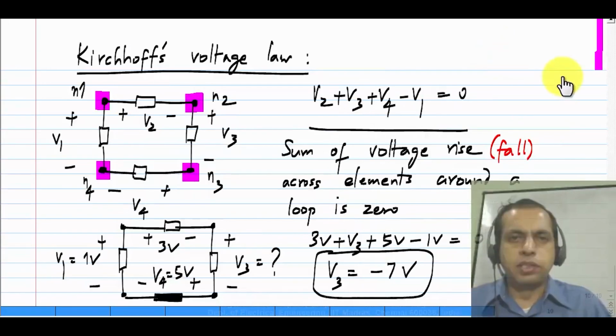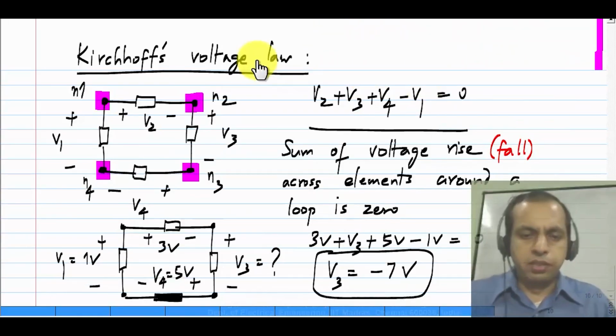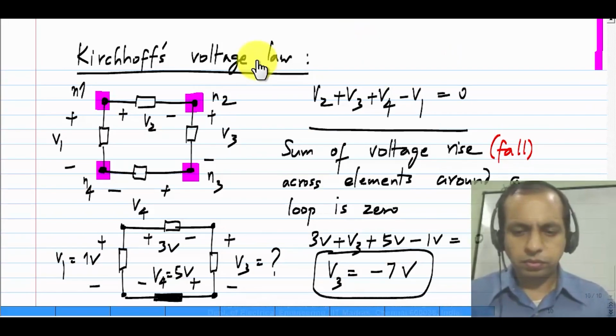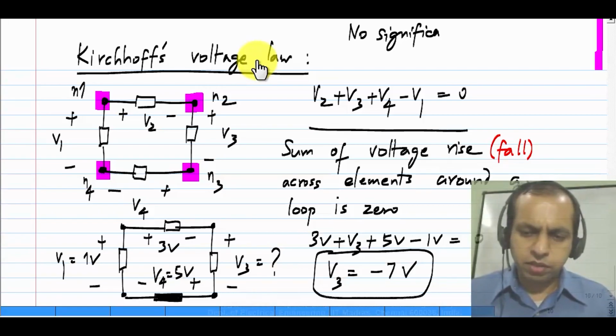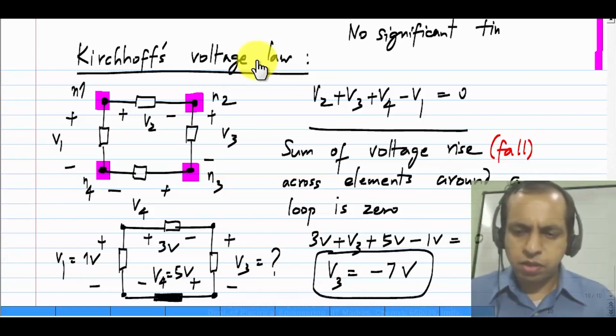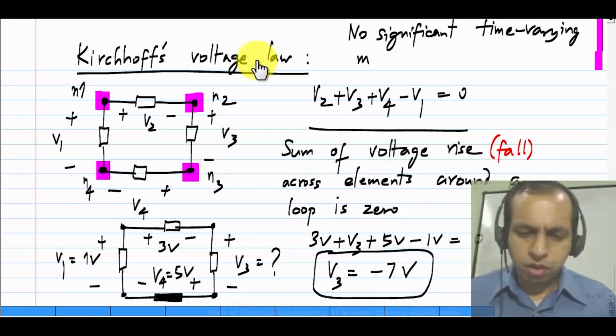Now, what are the conditions under which this Kirchhoff's voltage law is true? This assumes that there is no significant time varying magnetic field cutting the loop.